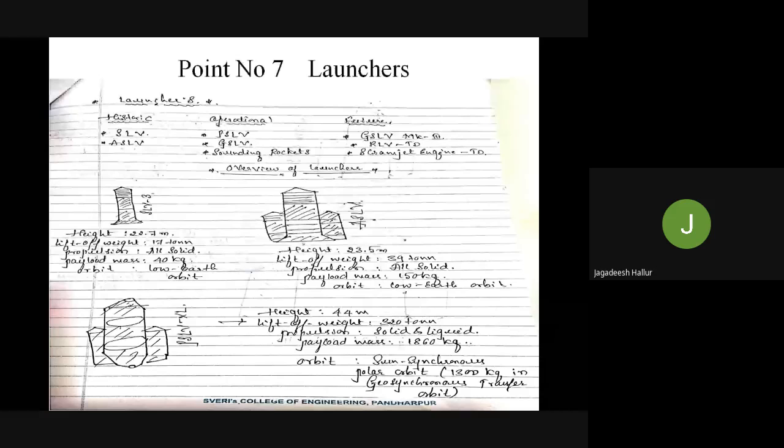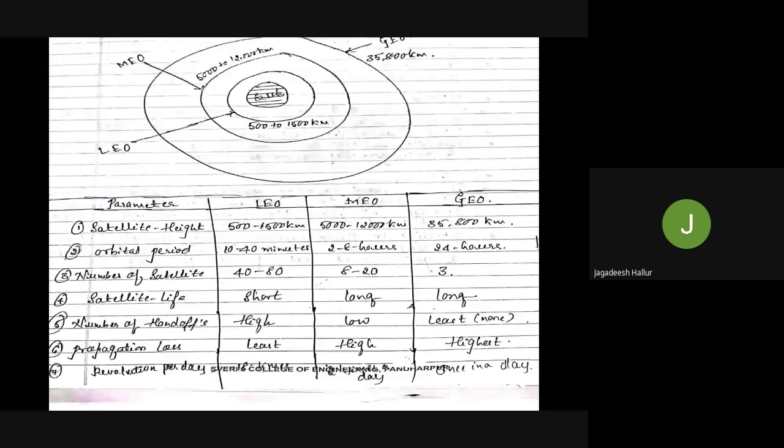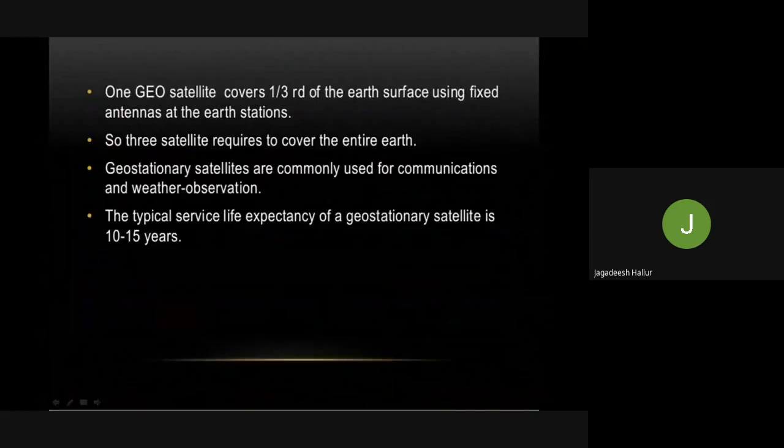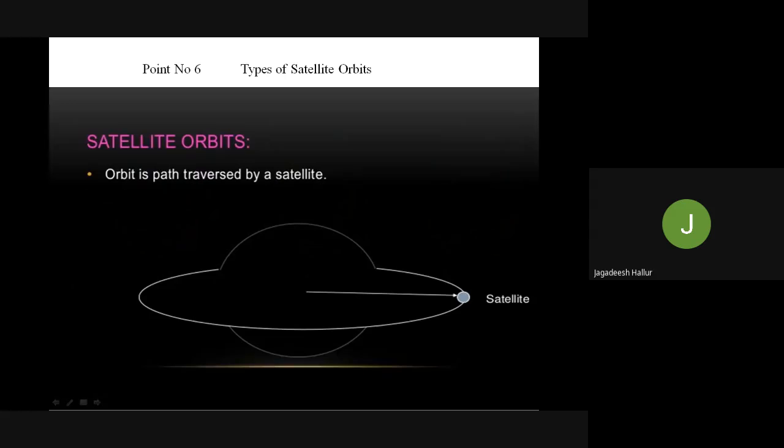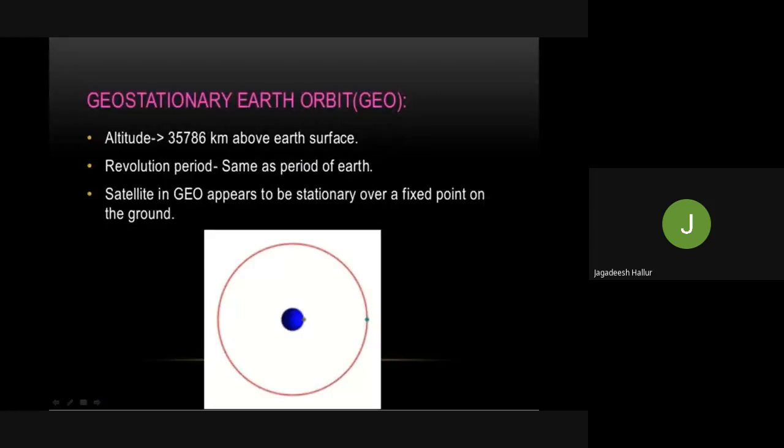After this we will solve numericals based on circular and elliptical orbits on Saturday, and I will conduct one test after this. You have to give me that test. I will tell you when it is. This is point number 6, types of satellite orbit. We'll stop here.